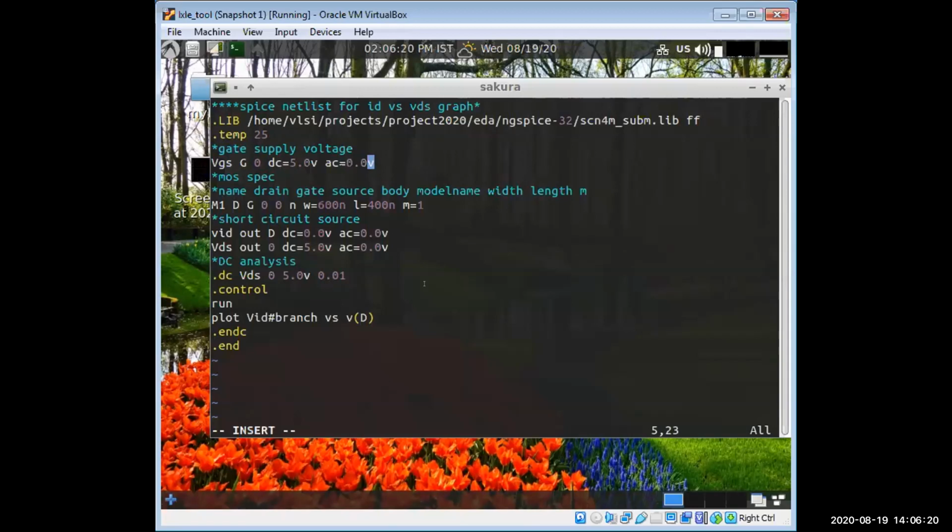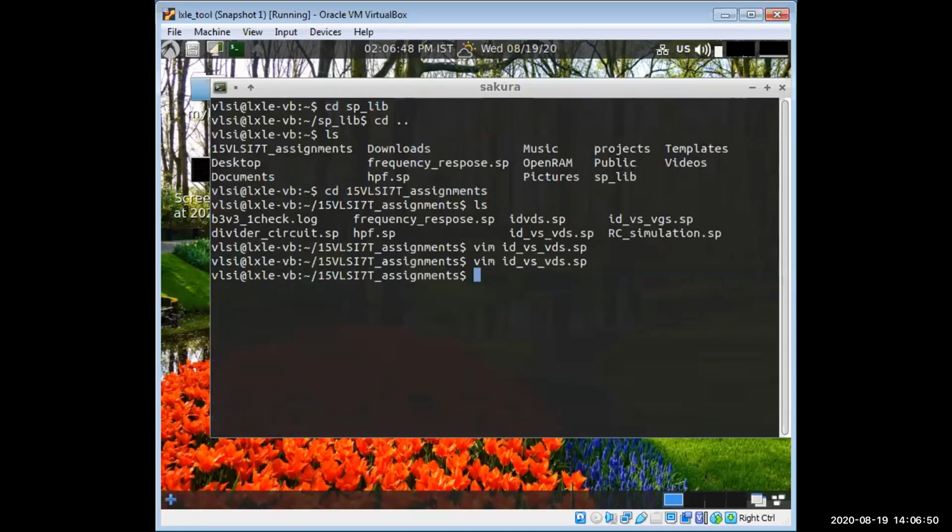From the library we have seen previously, this level 49 SCN4M library, the VT0 is actually around 0.49. So 0.49 plus 1 means 1.49. Let's take it 1.5 volts.